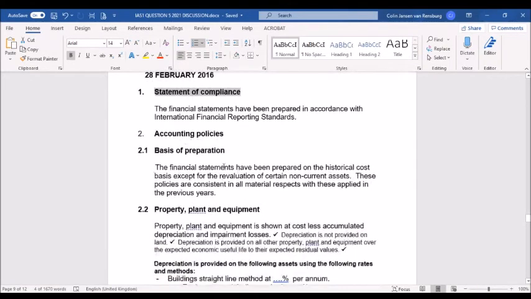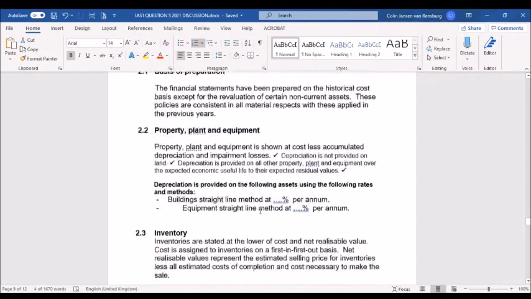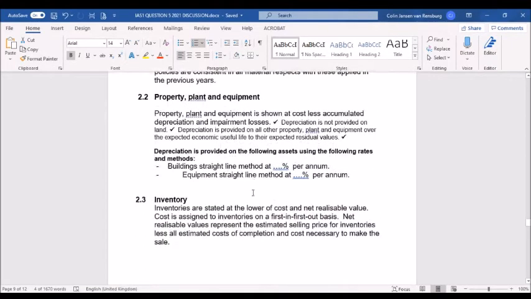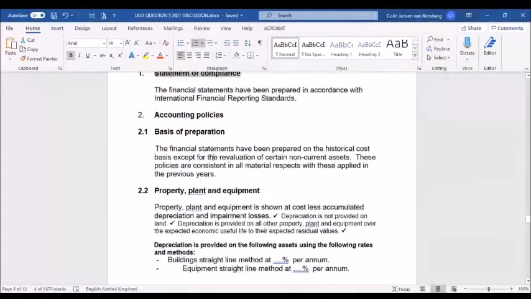Then we get to our various accounting policies. We're going to look at the property, plant and equipment one in the third term, and the inventories one you've already basically looked at in financial accounting one. So the first amongst our accounting policies is normally our basis of preparation. In a very basic set of financial statements, there are at least two facts that you have to disclose.